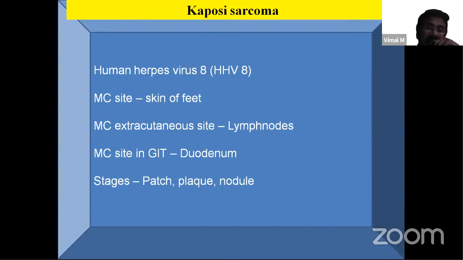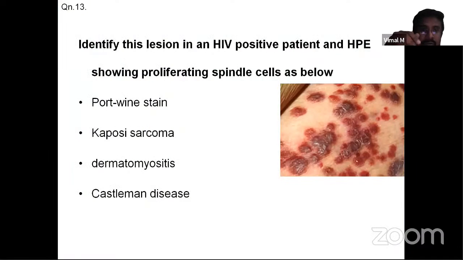Initially it will not form as a mass; it will evolve in stages, that is patch, plaque, and nodule. So the answer for this question is Kaposi sarcoma.